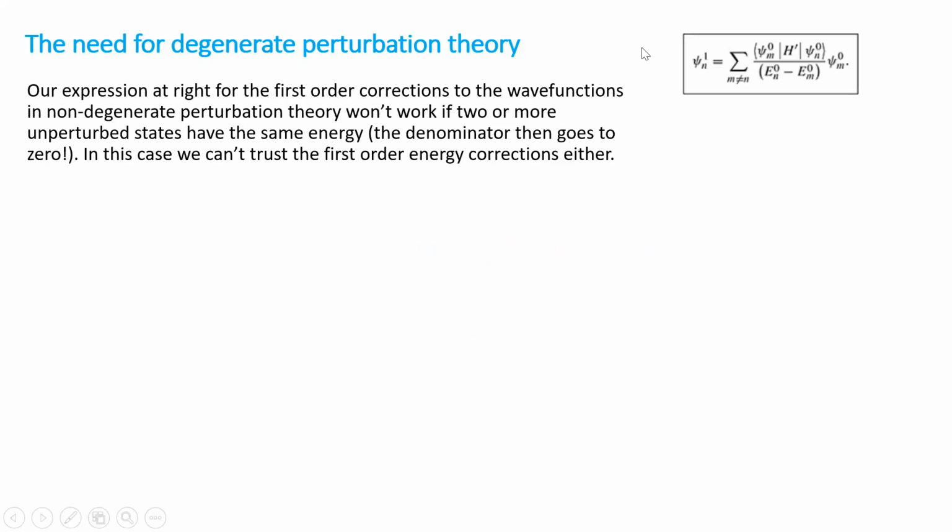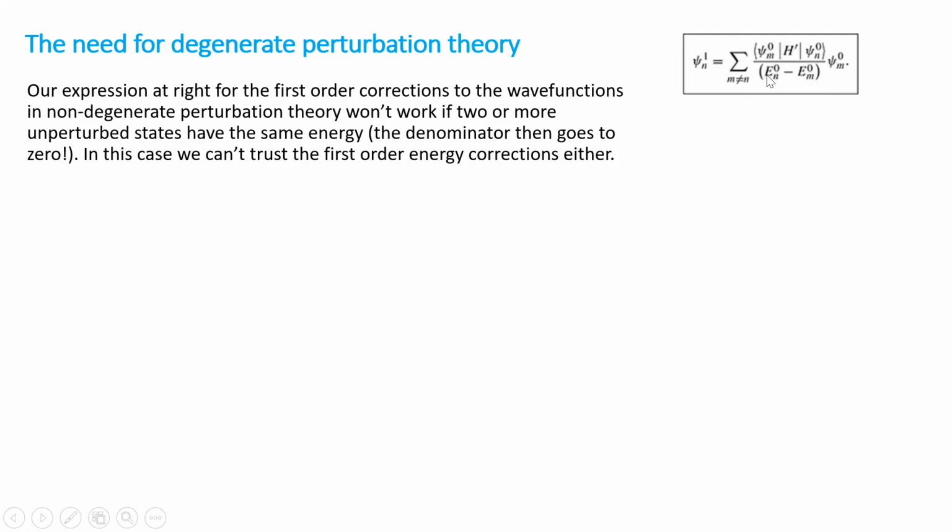So, the need for degenerate perturbation theory. Up at the right here is our expression from non-degenerate perturbation theory for the first order corrections to the wave functions. And if you recall, or if you just notice in this formula, in the denominator, we have the difference in energies between several states.